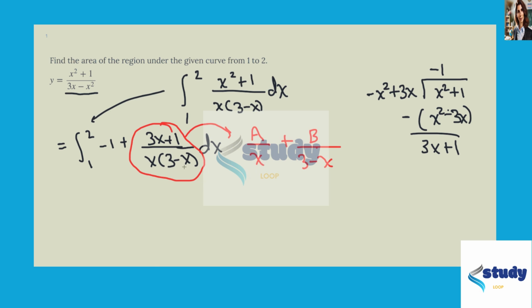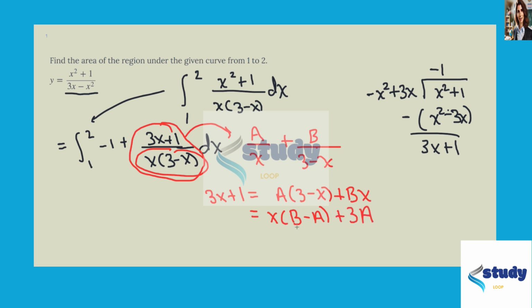Let's multiply both sides by this denominator on the left, but on the right, let's factor out an x. And we see that b minus a must be 3, and 3a must be 1.